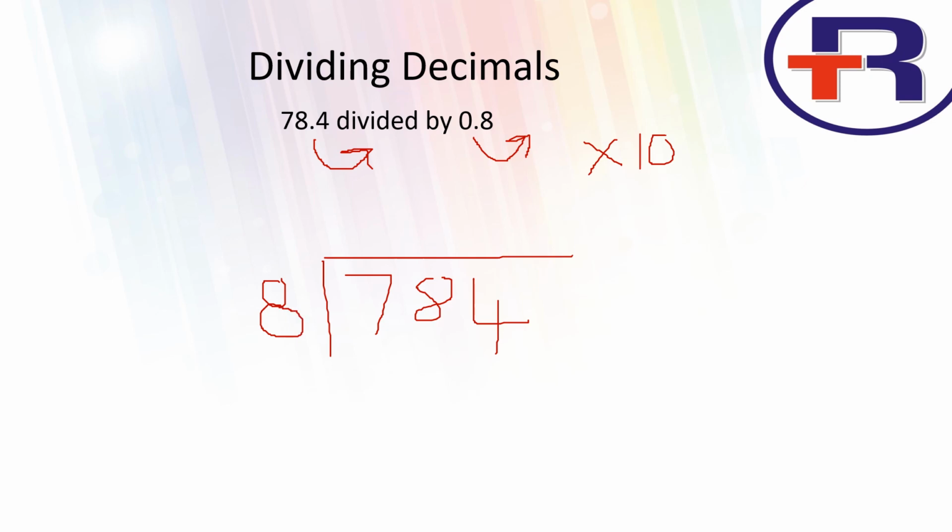If we're not too sure of our 8 times table, we can always write the 8 times table down the side of the page here to help us to work this out. So this is just our 8 times table going down here.